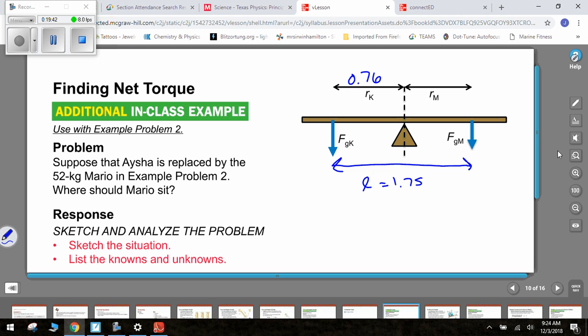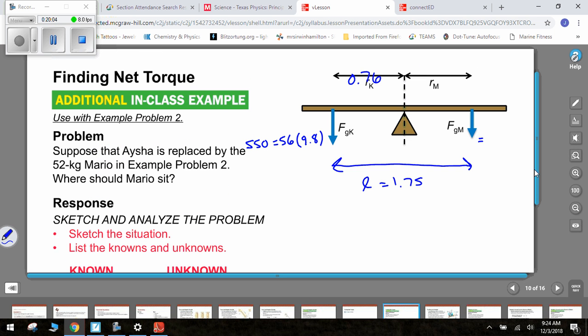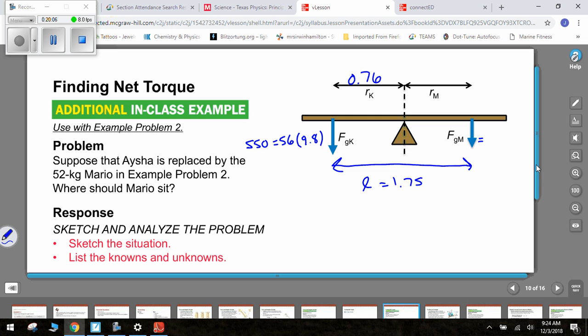MM is 52. They said the mass of Mario is 52. And so to get the FG for Mario, it'll be 52 times 9.8.